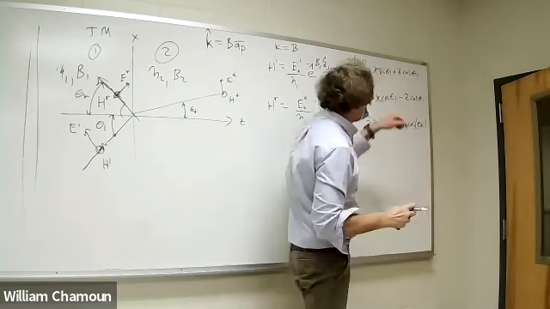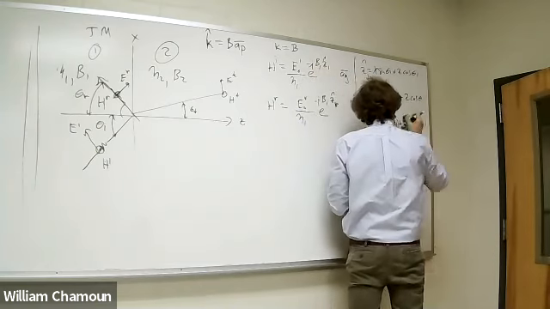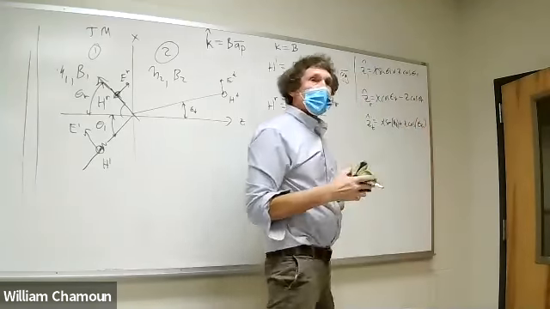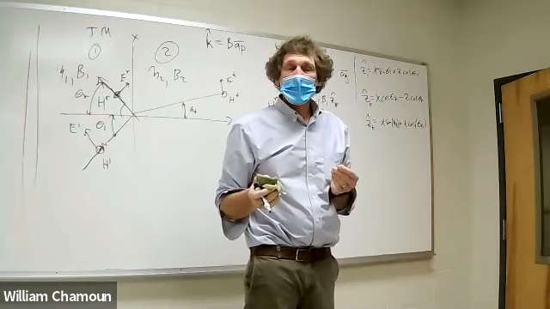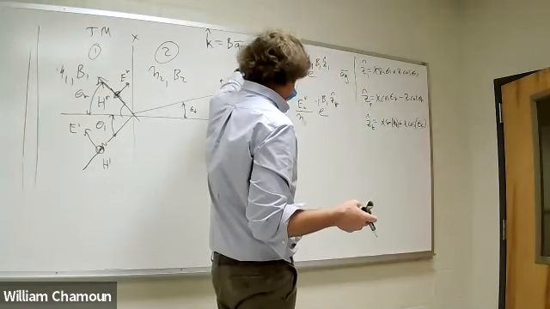So the first two use the incident angle, and this should be reflected, but I want to tell you the magnitude of reflected and incident angles are the same. The transmitted angle is different. So those are the different values.